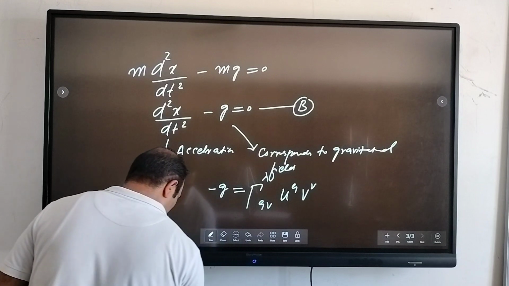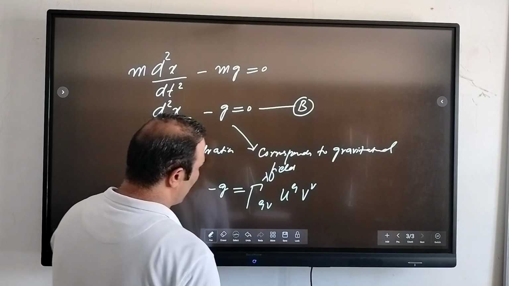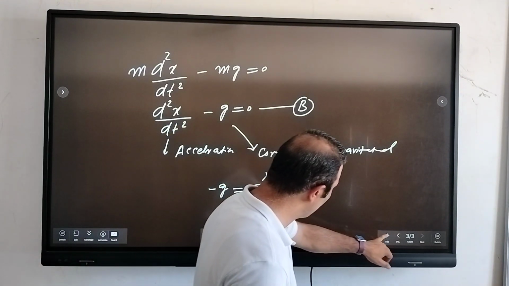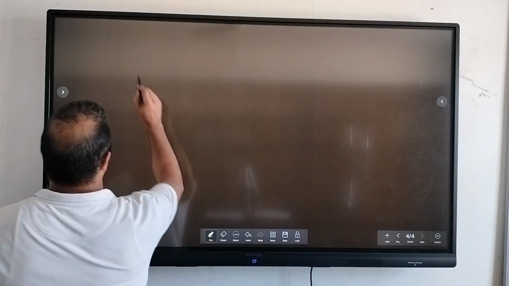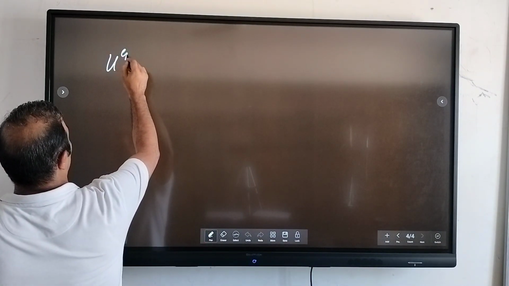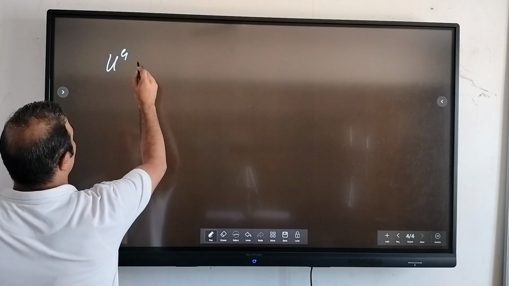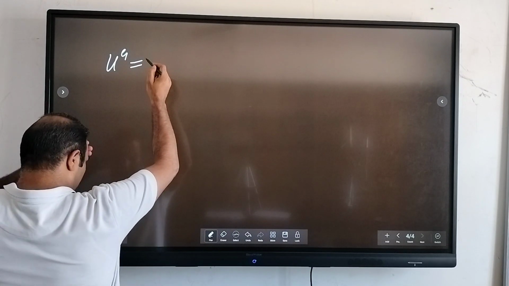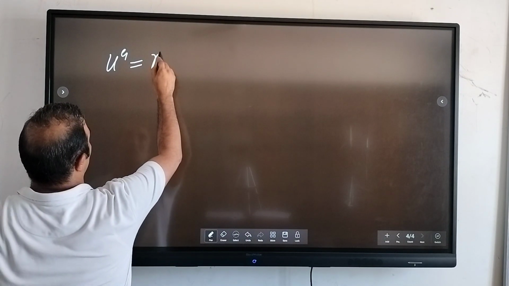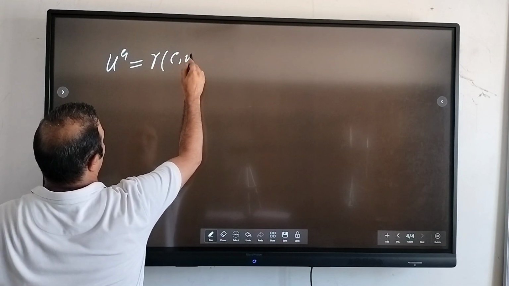Okay, so let us rewrite now. If you write what the velocity components are here, what is u^μ? So u^μ will be equal to gamma, right?